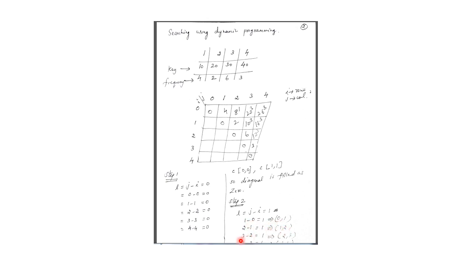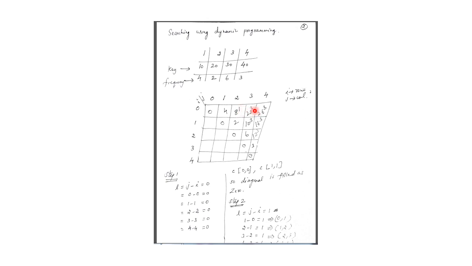From this equation, we will write 0 comma 1, 1 comma 2, 2 comma 3 and 3 comma 4. So in the first step, we have filled the diagonal element as 0. The remaining element we have to compute in each step and all the elements will be plotted in the table.